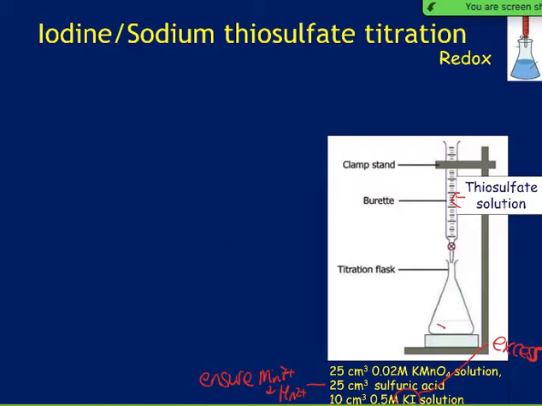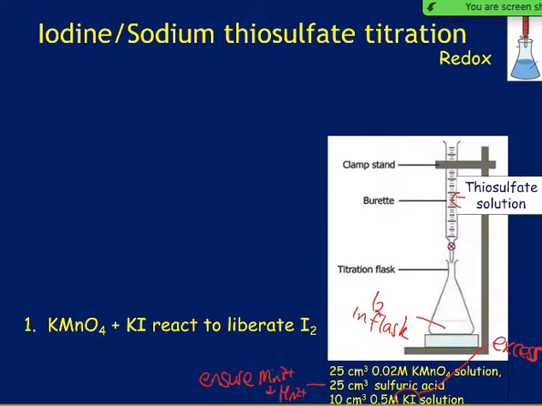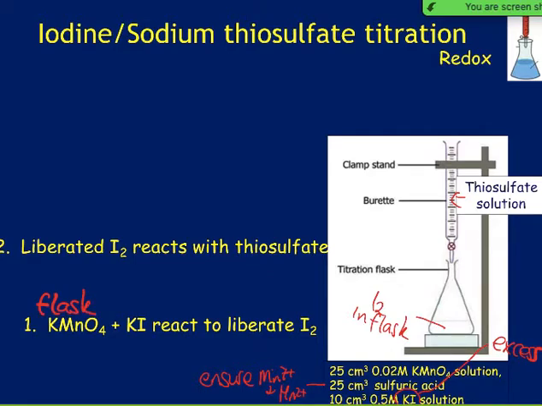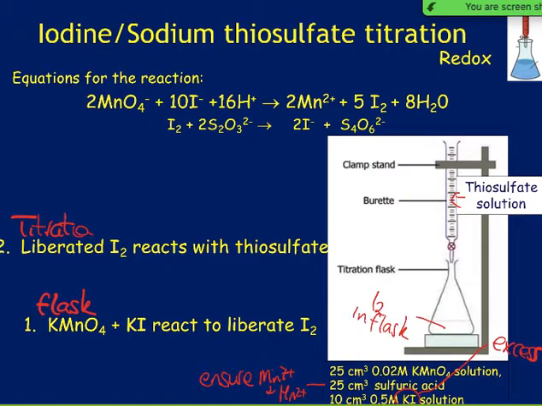So this is going to make iodine in the flask before we've ever titrated, and we get two equations with it. This is the reaction in our flask, and this is the titration. And there are the two equations for it, and it's very possible that she will give you both equations.